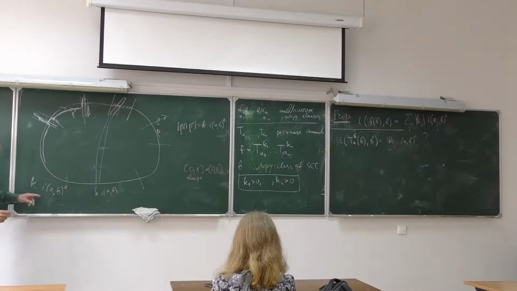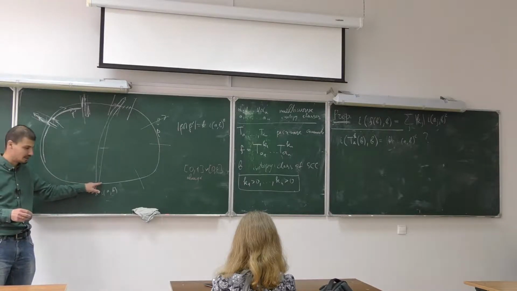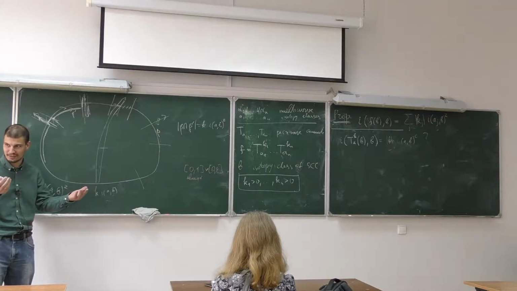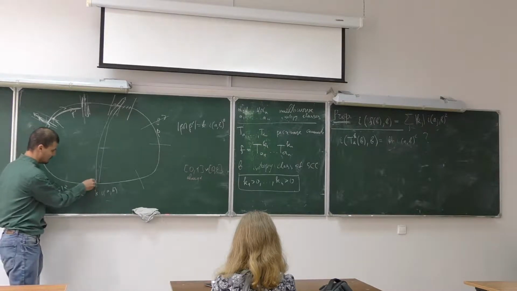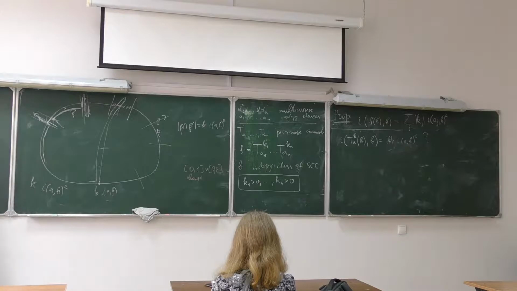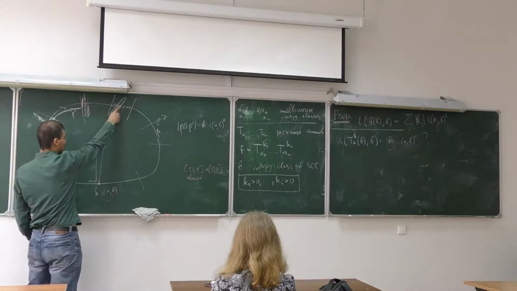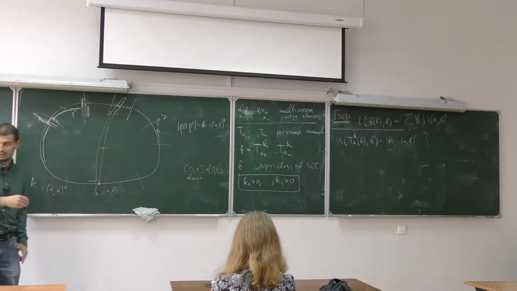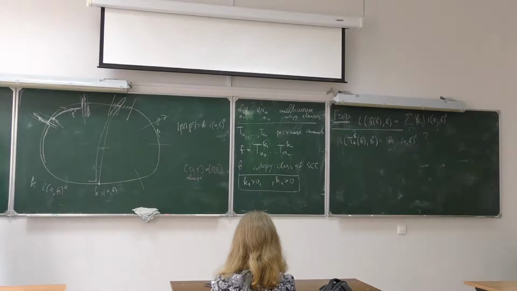We need to be careful. Here, one of them may appear to be the first one, so maybe only one of them goes to beta. But in any way, this is not a bigon. A bigon can be only if this one is a continuation of that one, and it is completely impossible.